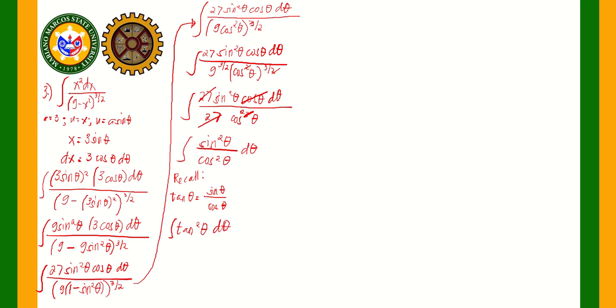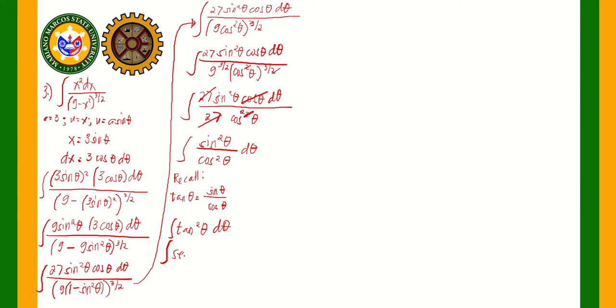And we can now proceed to, actually, not yet. Because tangent squared theta has no direct integration. So, let's look again for an identity for tangent squared theta. Again, from the Pythagorean relations, tangent squared theta is equal to secant squared theta minus 1.